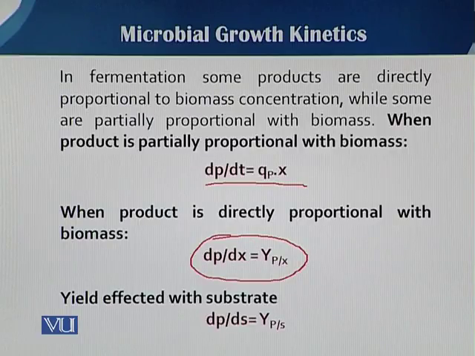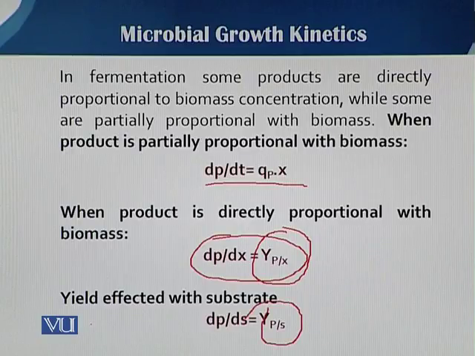So the yield coefficient with substrate we can write here. Here you can see the yield with respect to product and biomass. But when we talk about the yield affected by the substrate, if sometimes our product is directly related to the substrate, then we can see here the yield P over S.